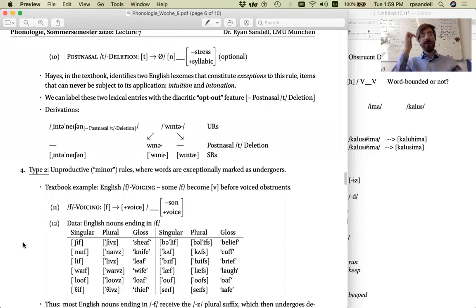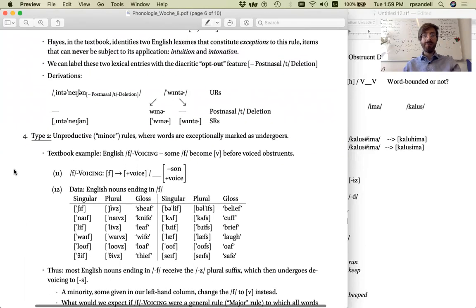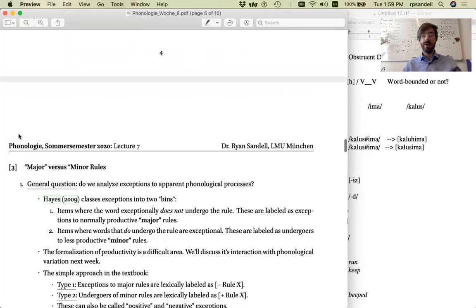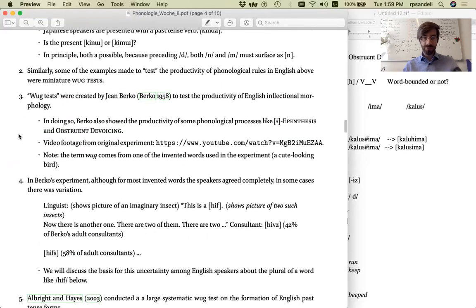The other type, whereby we have unproductive or minor rules, which are marked as undergoers, concerns the case from Jean Berko's WUG test, where native speakers disagreed to some extent on the plural form of a noun, heath.